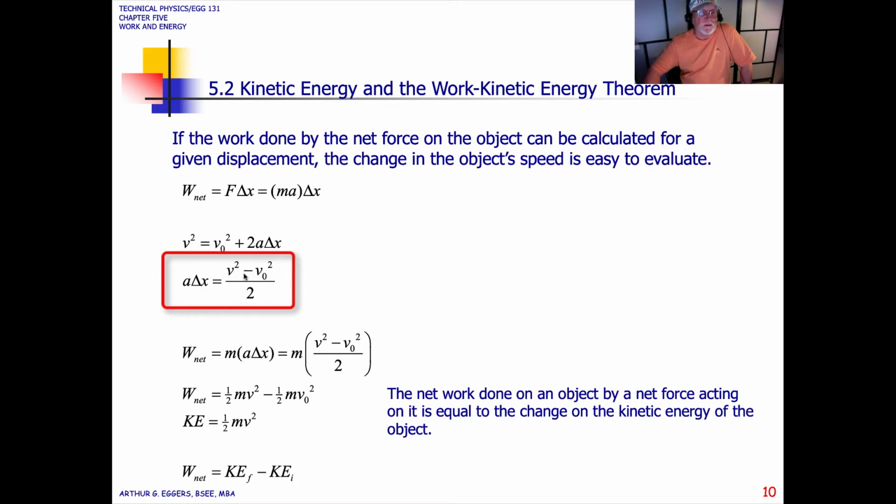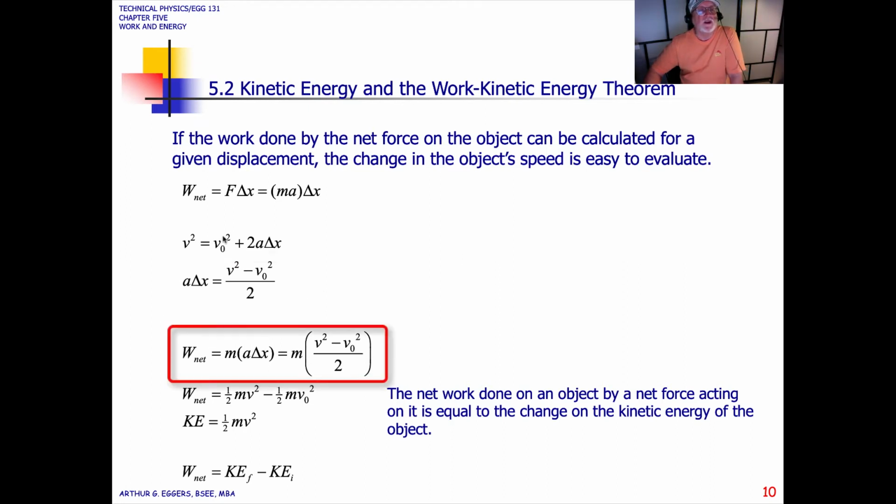Again, typically that term goes away and you're left with velocity final squared over 2. So now we can go back to our definition that we put forth on the top here. The net work is equal to, factor out the mass, we have acceleration times distance is equal to mass times velocity final squared minus velocity initial squared divided by 2.